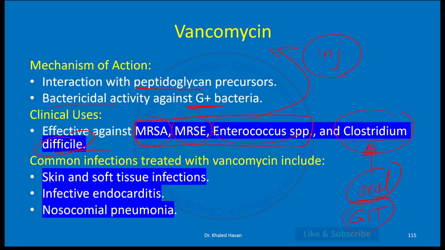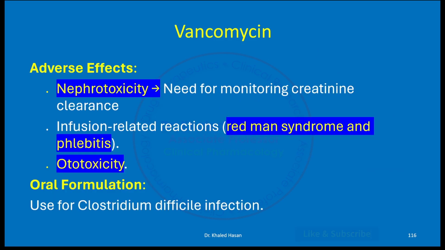Vancomycin could be used for skin and soft tissue infections, endocarditis, and nosocomial pneumonia. So for vancomycin, we need to remember the mechanism of action: bactericidal, MRSA, MRSE, Enterococcus, Clostridium difficile, and the main clinical therapeutic use.